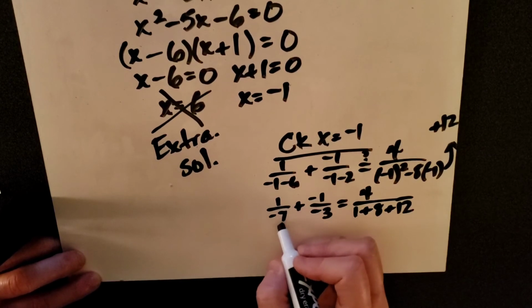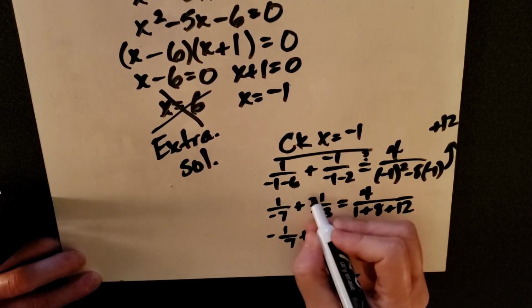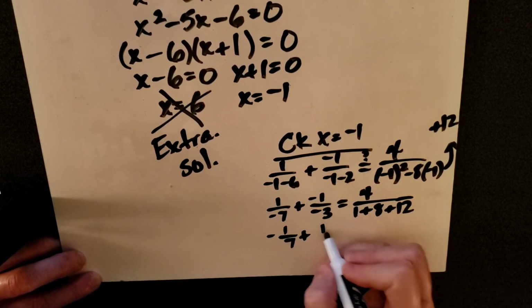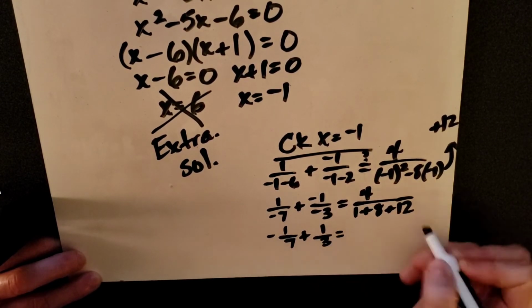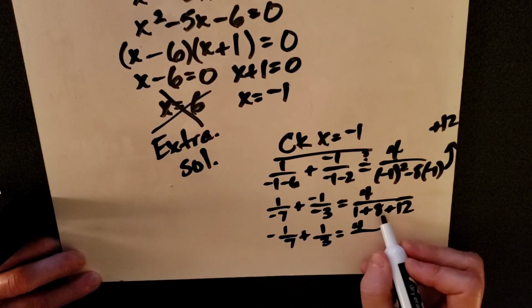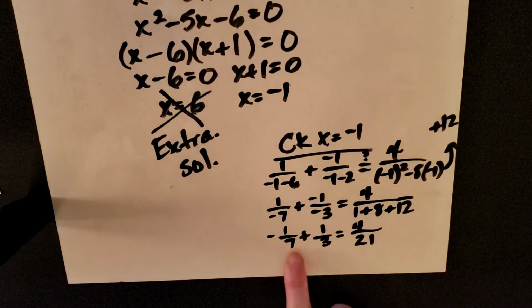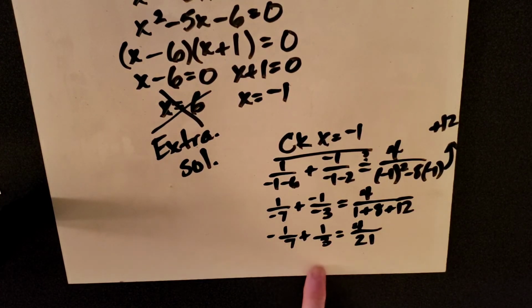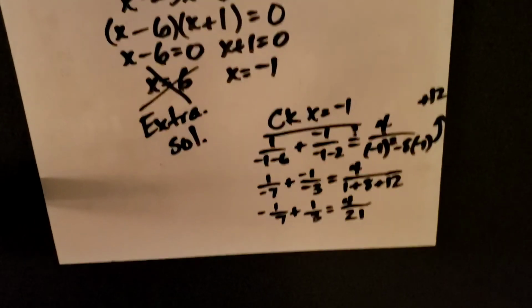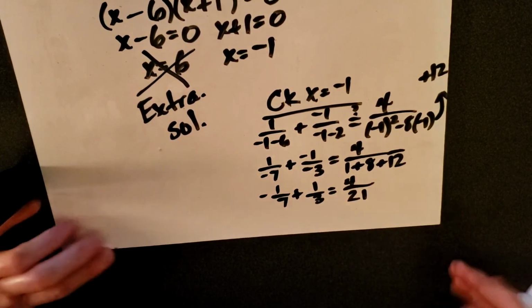All right, so 1 over -7, that's just a -1/7, plus a negative divided by a negative is a positive, so that's 1/3. And then I've got a 4 over 1 plus 8, which is 9, 9 plus 12, which is 21. Okay, now you can go ahead and write these fractions right here as having denominators of 21, because keep in mind, in order to add fractions together, you have to have common denominators.